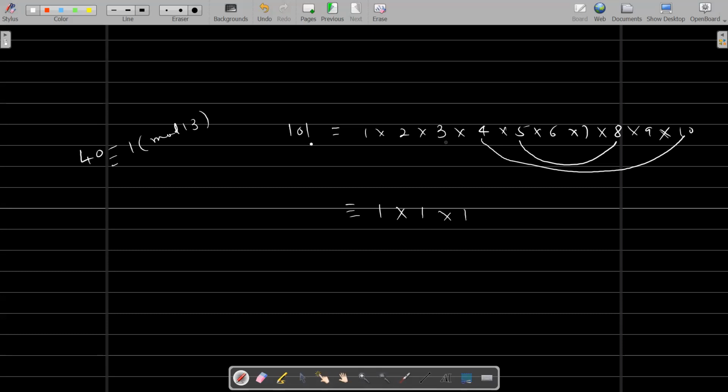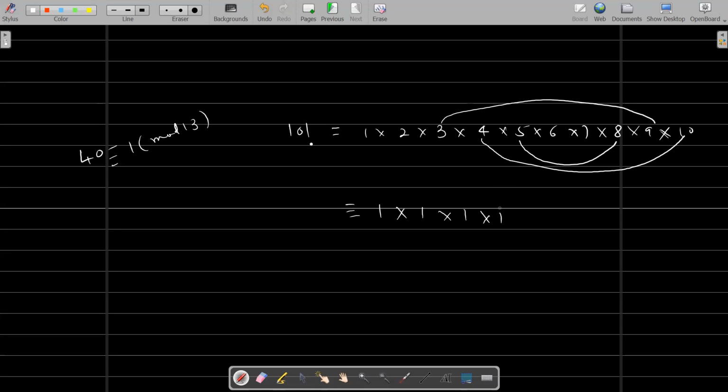I don't understand how 40 is congruent to 1. Because 13 times 3 is 39 and the remainder is 1. So essentially we have to find remainders. Then 9 times 3 is 27, and 27 is 26 plus 1, so that is again 1.